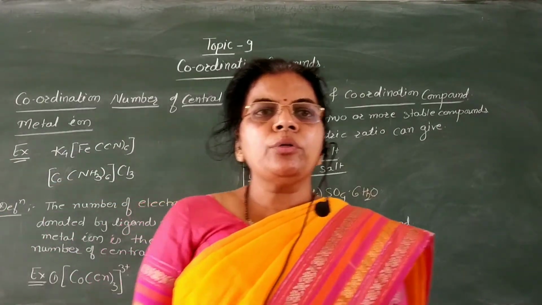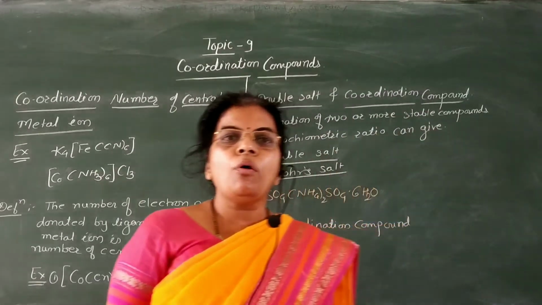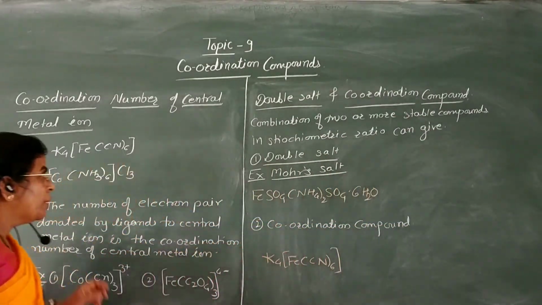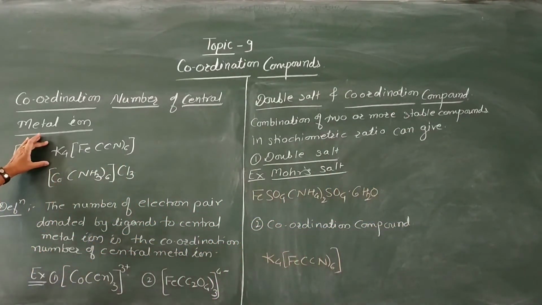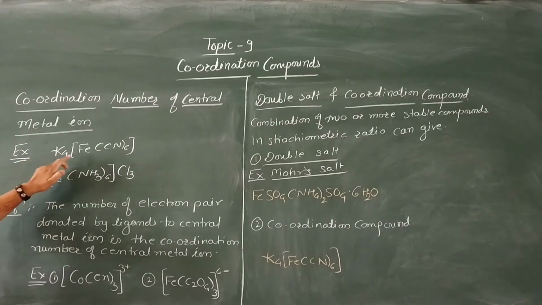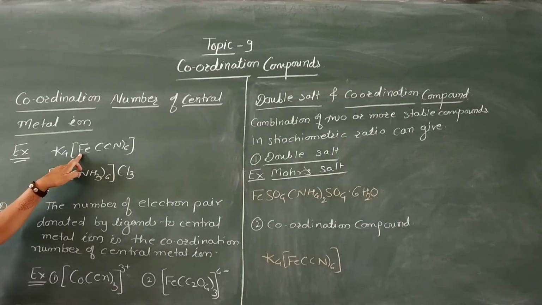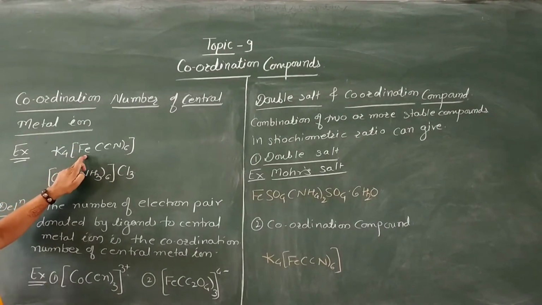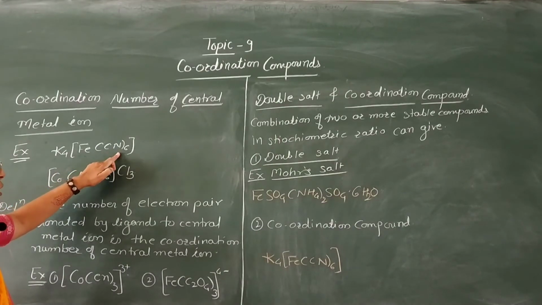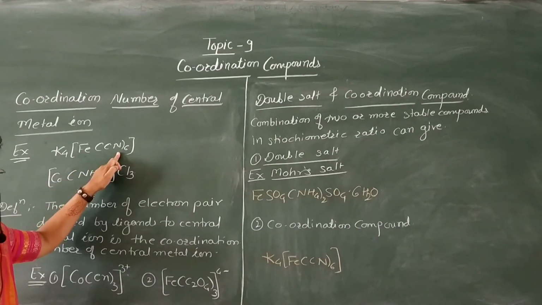Next point, we are going to see the coordination number of the central metal ion. Here we can understand by using these two examples. In K4[Fe(CN)6], in the coordination sphere, this Fe, the central metal ion, is bonded to 6 CN ligands.